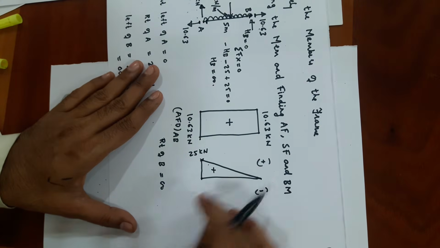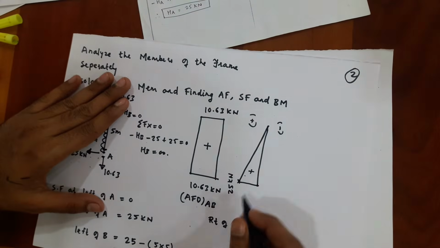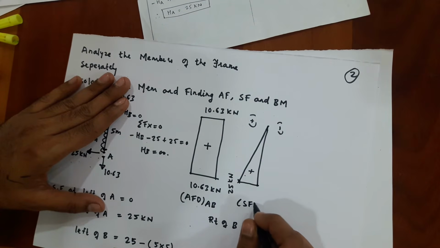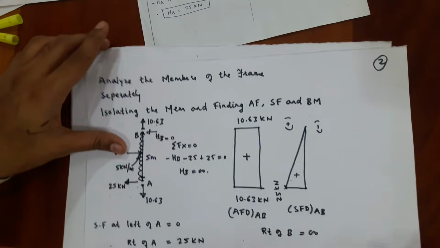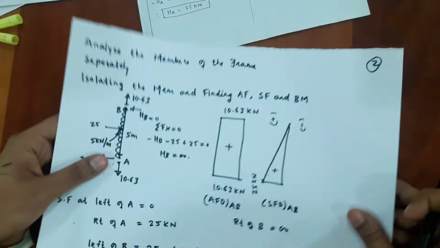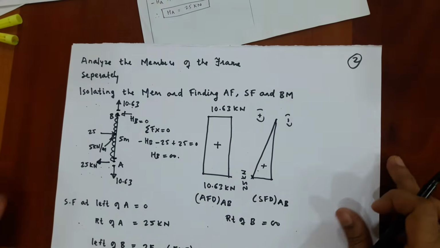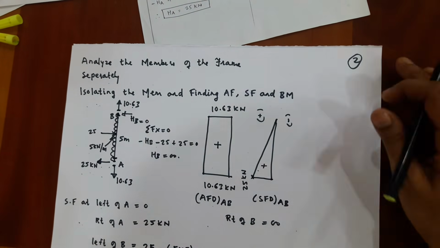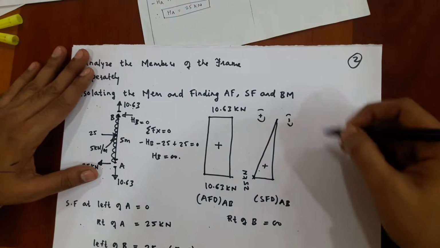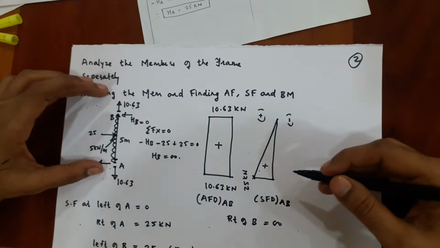So this is the shear force diagram, SFD for member AB. So we are left with the calculation of bending moment. We also have to draw the bending moment diagram for member AB.